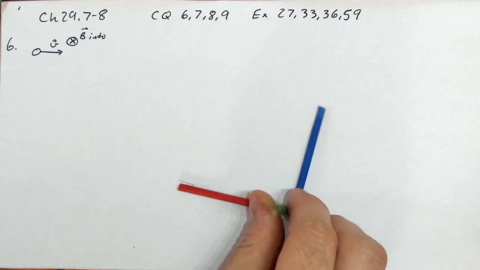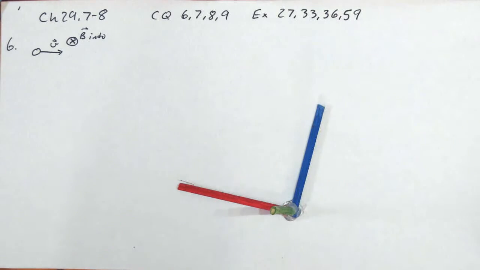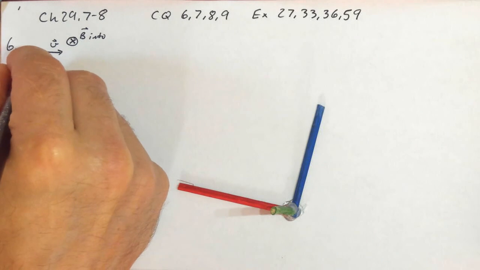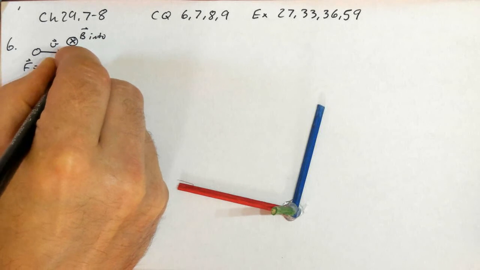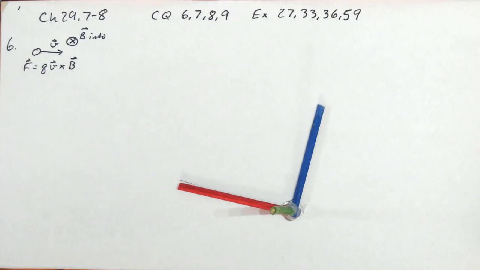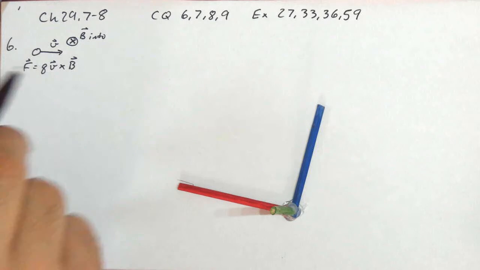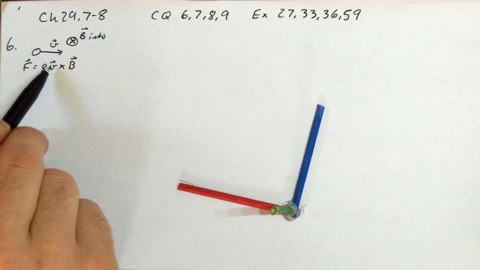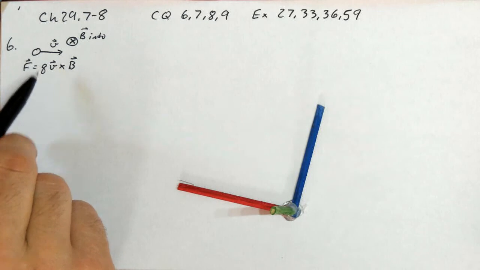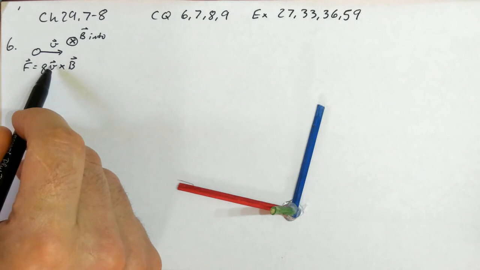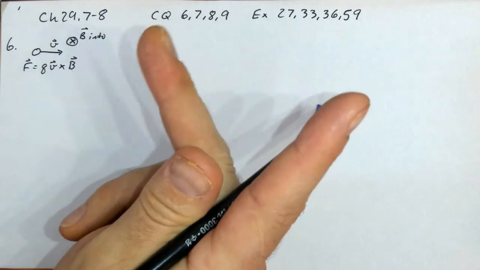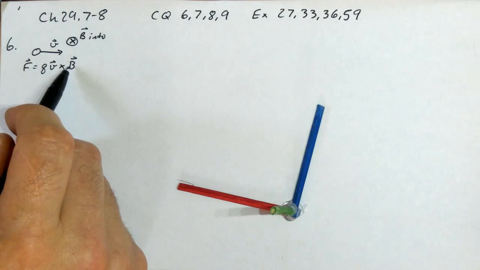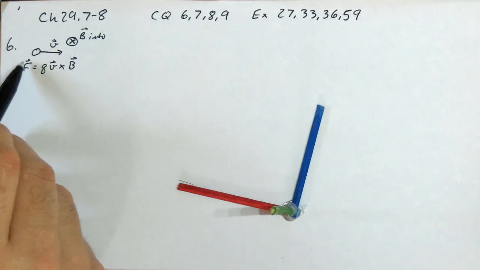The main idea is that our force on a particle is qv cross B. The rule of the right-hand rule is that the finger of your hand points in the direction of the first vector, which is velocity, then the next finger is the magnetic field, and the thumb would be the resulting force.